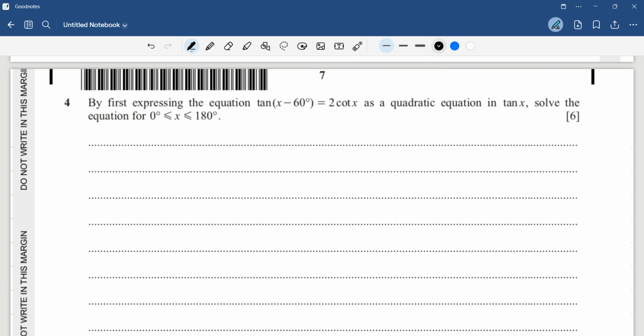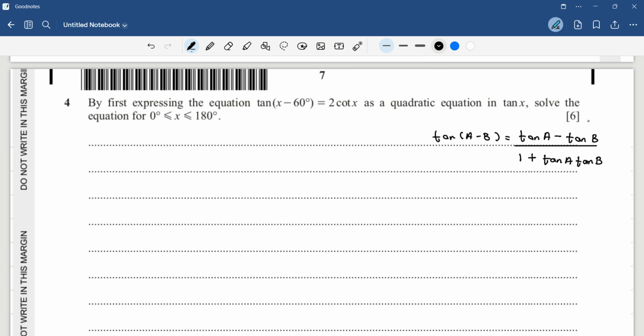If you still remember, you can refer to your formula sheet where tan(a minus b) will be tan a minus tan b, divided by 1 plus tan a tan b.